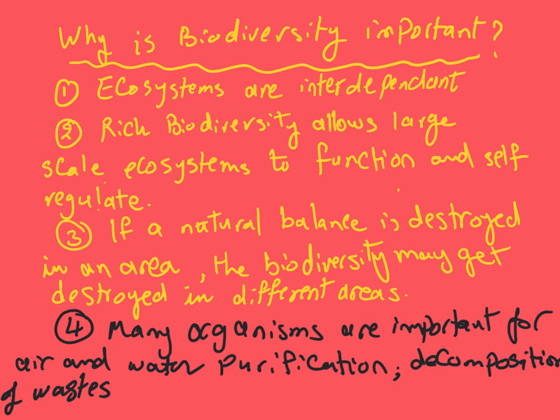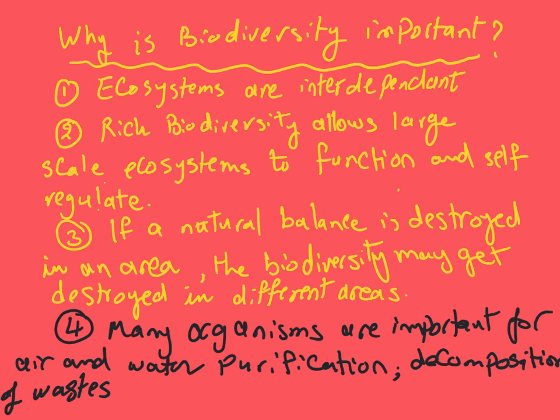First, we can say that ecosystems are interdependent, meaning that an ecosystem depends on events happening in another ecosystem in such a way that all the globe is connected.